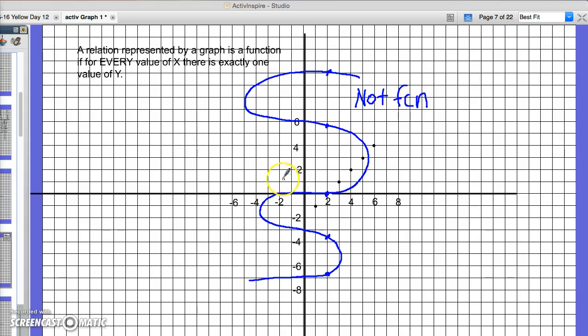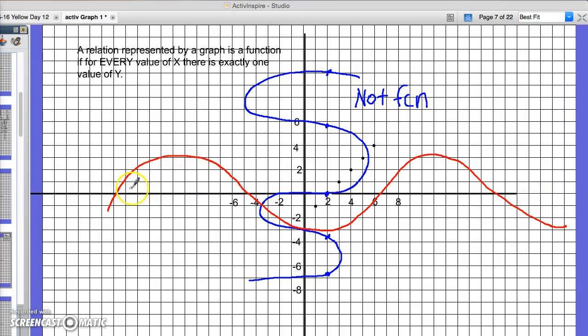Remember, function, FCN. All right, let's change to a different color. Maybe this time we'll do red. And let's try something else, something like this, and see if we think this is a function. It's a function if for every value of x along this number line, there's exactly one value of y.